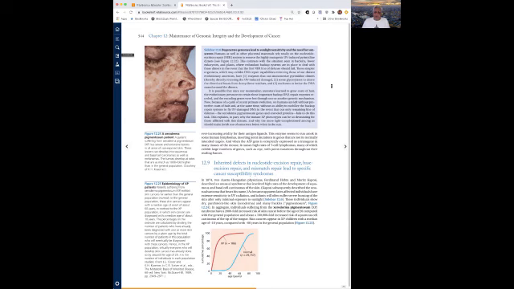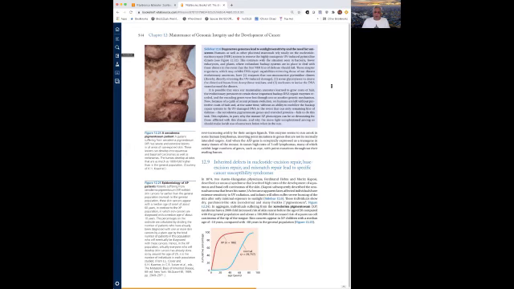Okay. So let's continue at the bottom with section 9, which is now inherited defects in nucleotide excision repair, or base excision repair, or mismatch repair. So these are the three major mechanisms, NER, BER, and MMR, all right?